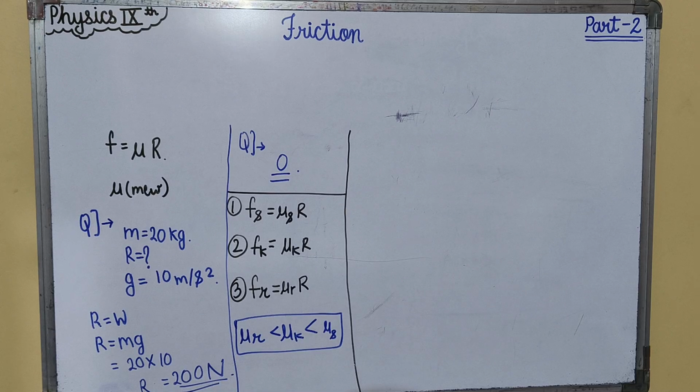Note that whatever may be the nature of two surfaces, and whichever may be the condition, the value of coefficient of friction of surface never exceeds unity. It is always less than or equal to 1.